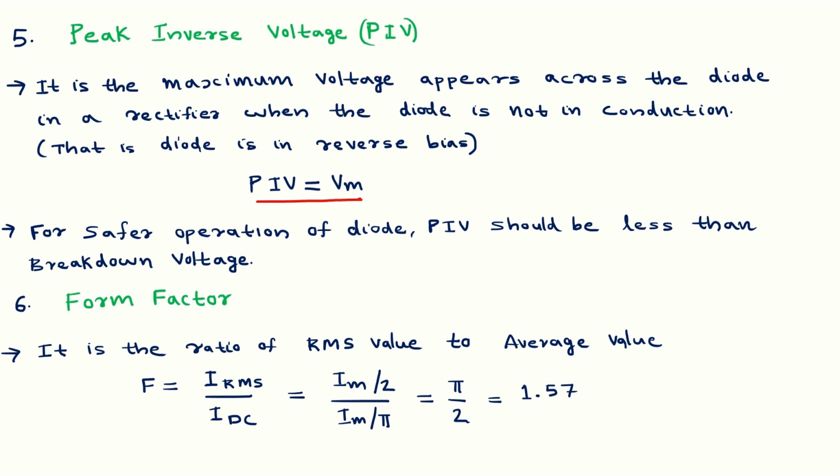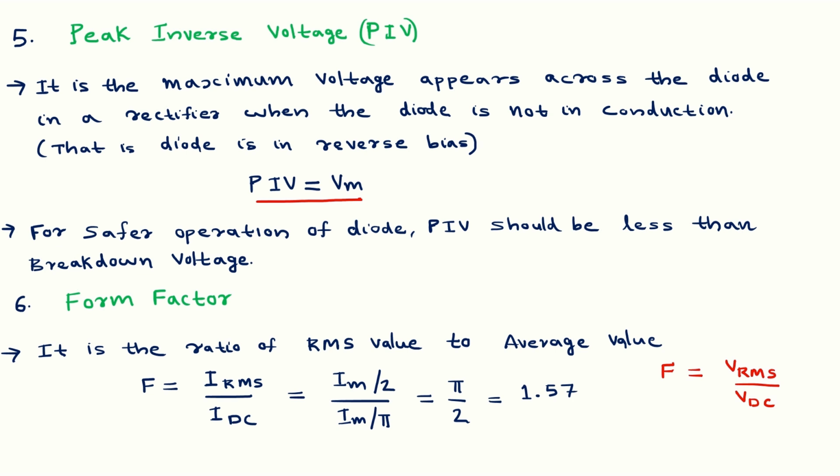The next parameter is form factor. It is the ratio of RMS value to the average value. So F is equal to IRMS divided by IDC, or I can say F is equal to VRMS divided by VDC. Both statements are correct, and I will get the same answer.